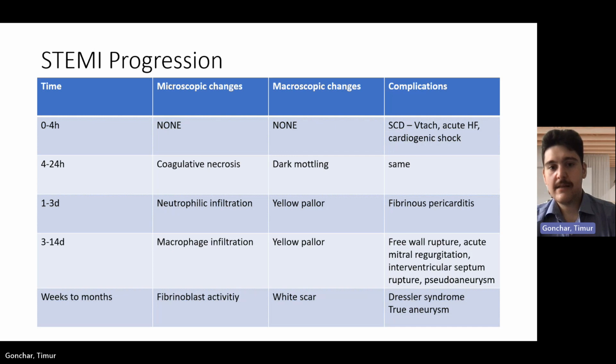So you've got a T cell mediated process, which will result in acute pericarditis with pericardial rubbing, pleuritic chest pain, and some sort of cardiac tamponade.